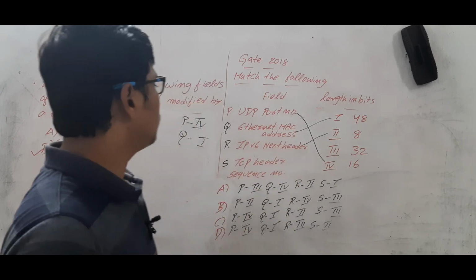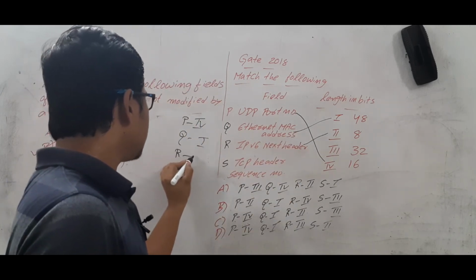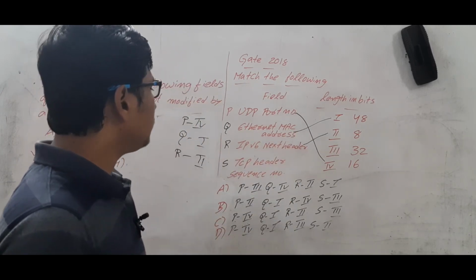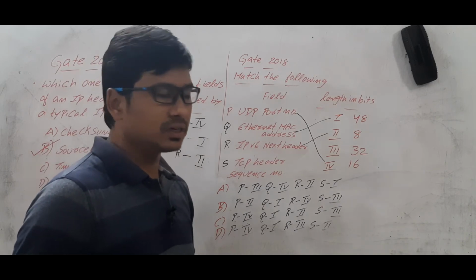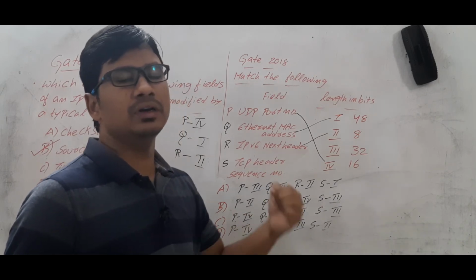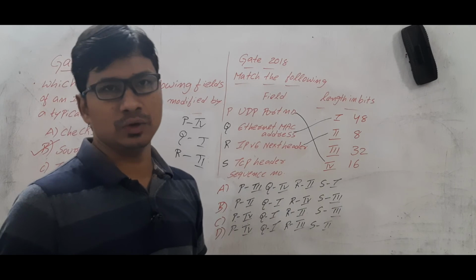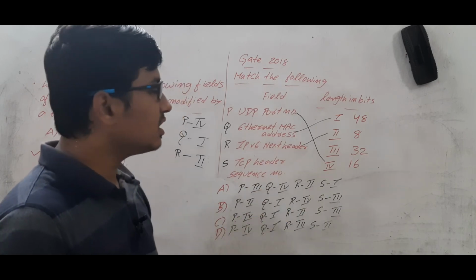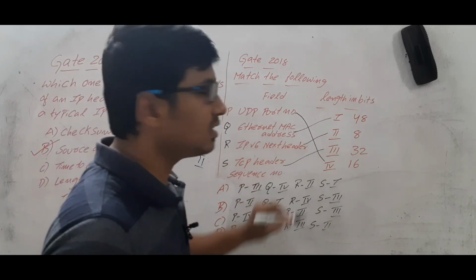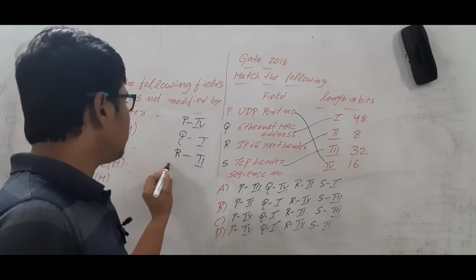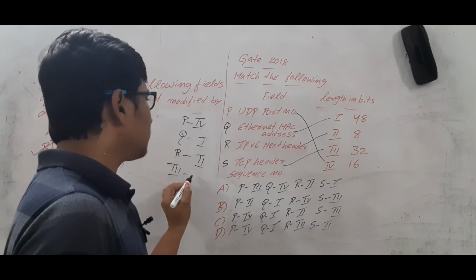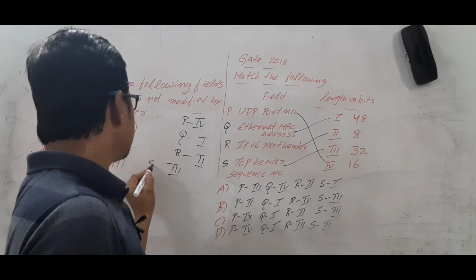So R matches with 2. Now coming to the TCP header sequence number, you have a sequence number to identify each packet uniquely, which is 32-bit information. Am I right or wrong? So the matching for S is 3.